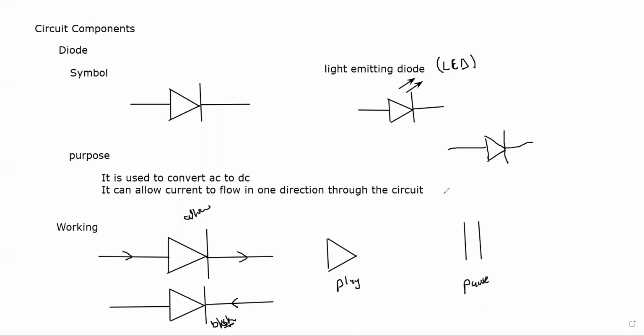A diode is a component of a circuit. Like the whole circuit is there, and the circuit consists of a diode. So if a circuit consists of a diode, it will only allow the current to flow in one way.